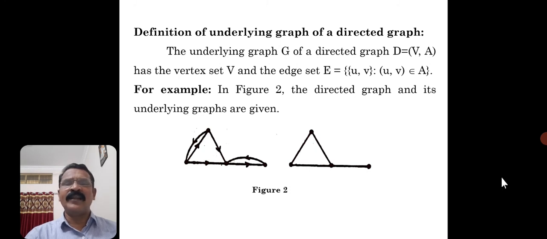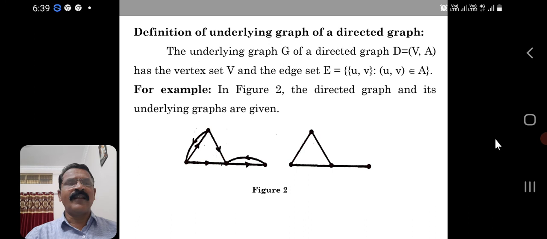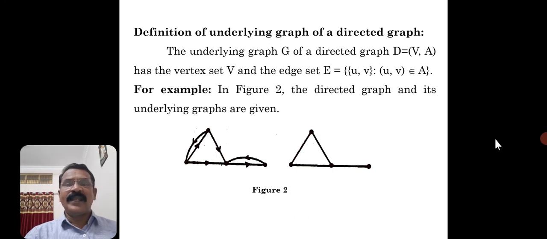So what is the idea of an underlying graph of a directed graph? The underlying graph G of a directed graph D. Suppose the vertex set of the directed graph is V and the edge set of the directed graph is A. Then the vertex set of the underlying graph will be the same as that of the digraph D. So the underlying graph G has the same vertex set as the vertex set of the digraph D, and the edge set E will be different.